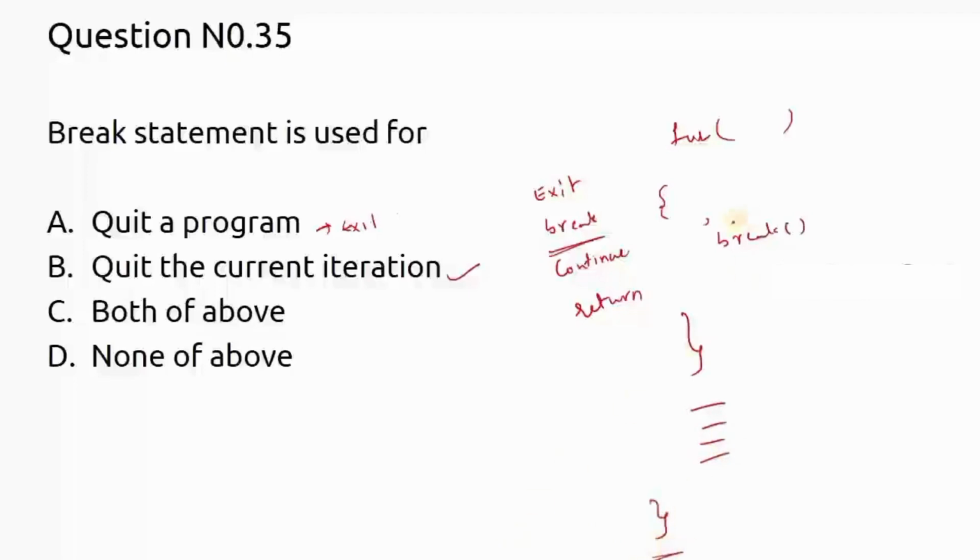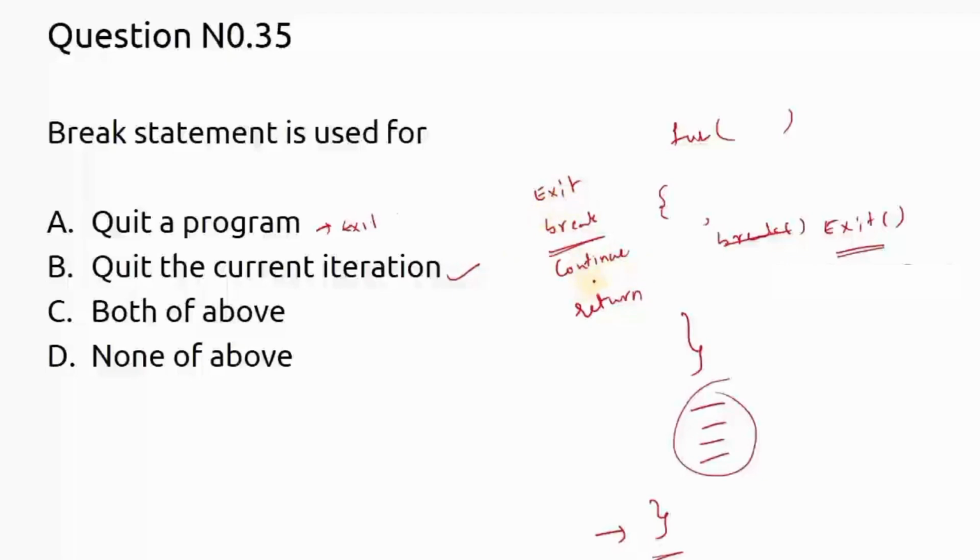But if I write exit in this block, not only this block, wherever it may be, if you write exit it directly comes to the end of the program without executing these things also. So this is the main difference between break and exit. Break comes out of the block, exit comes out of the program. So that is the difference.